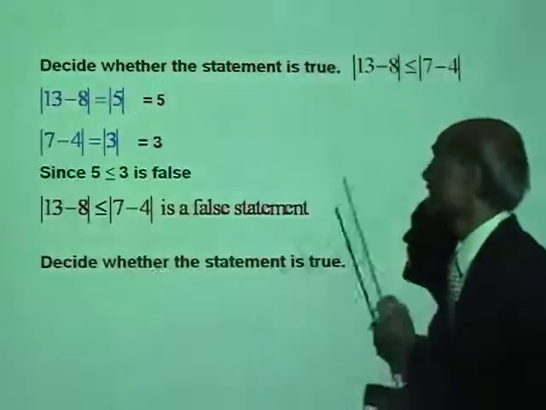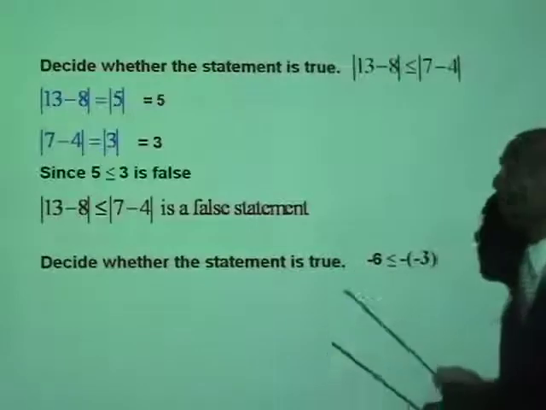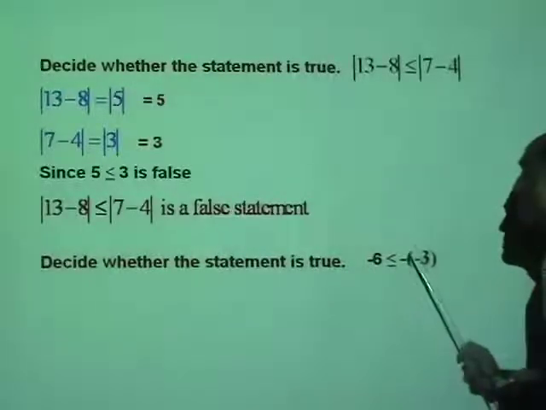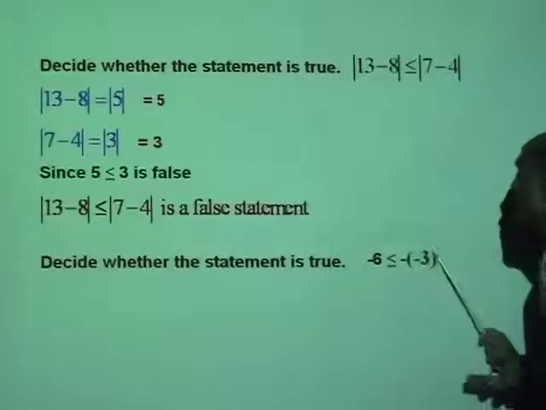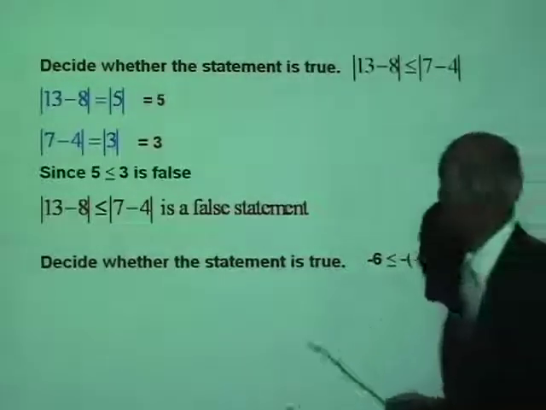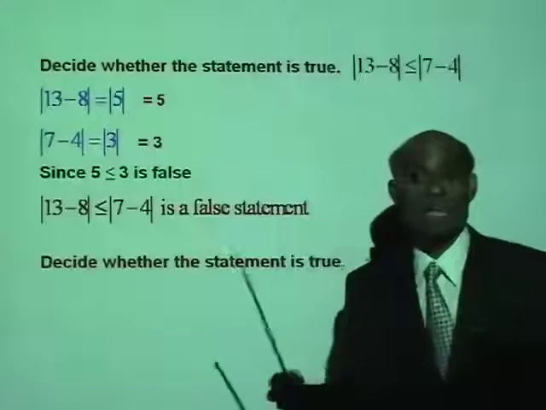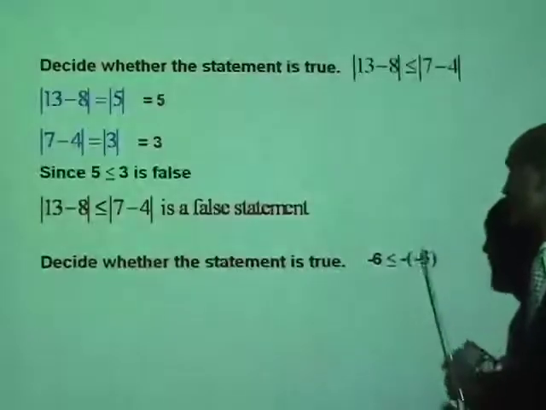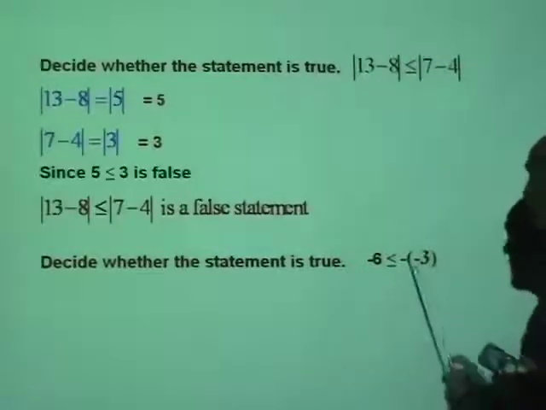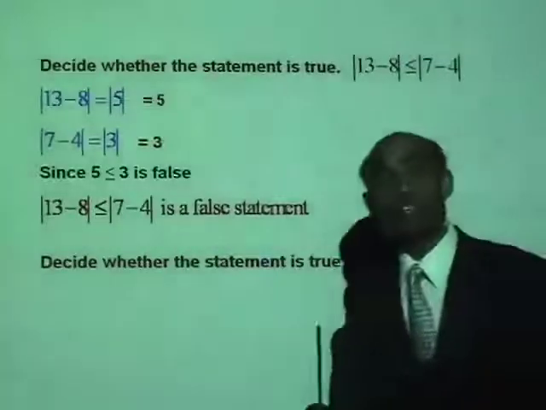Decide whether the statement is true or false. Negative 6 less than or equal to negative of negative 3. Well, you notice we need to apply the double negative property to simplify here. What is the right hand side equal to? Negative of negative 3.